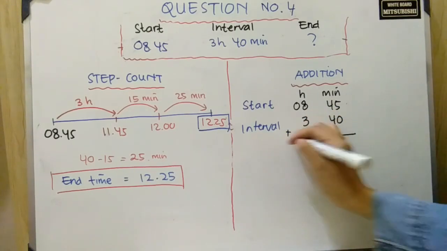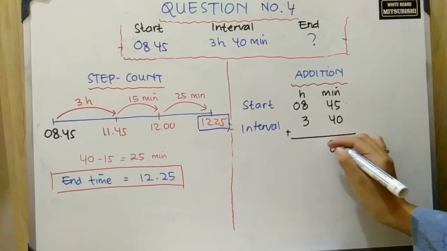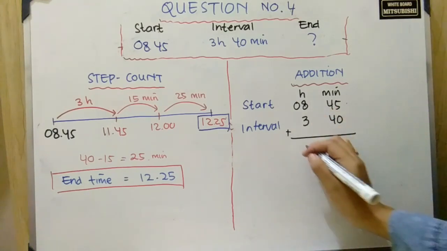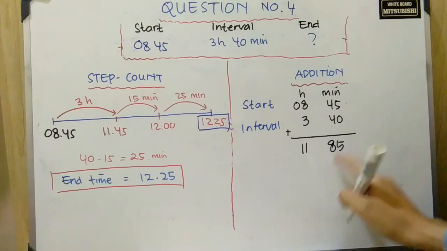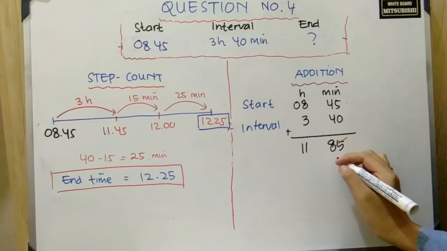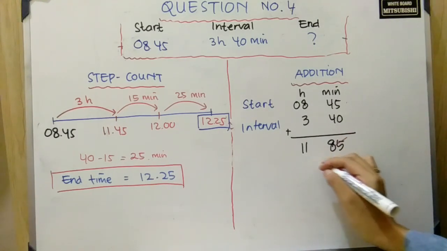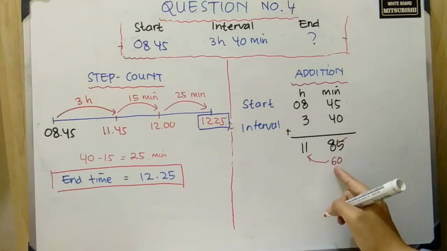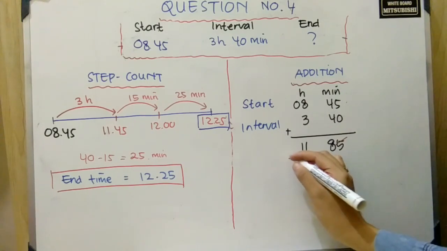We add, so we have 85 here and 11. Be careful because 85 is more than 60. So we give 1 hour to the hour, which is the same as 60 minutes.